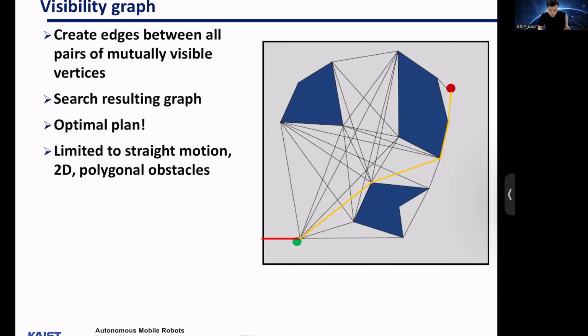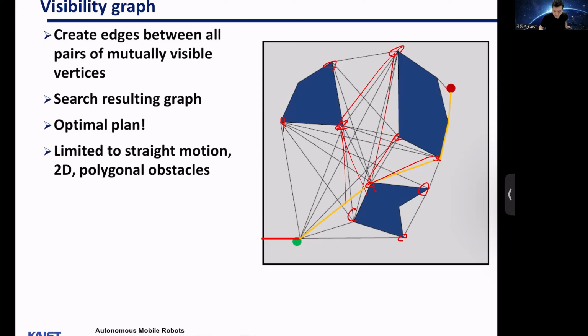So we basically create edges between all pairs of mutually visible vertices. So we have these vertices, and we are going to create edges that connect these vertices. Then that gives you a pretty good starting point to create this roadmap, okay, edges.